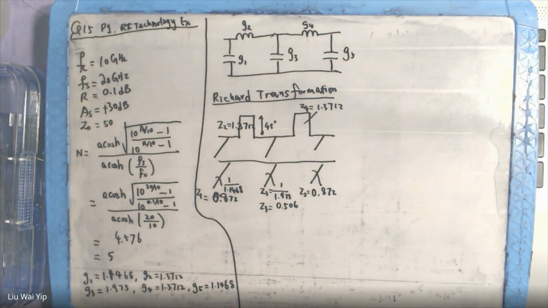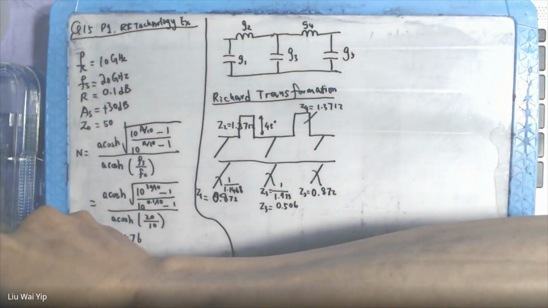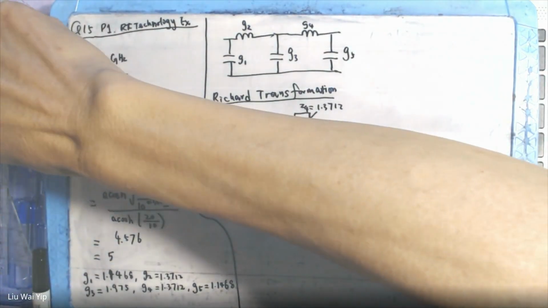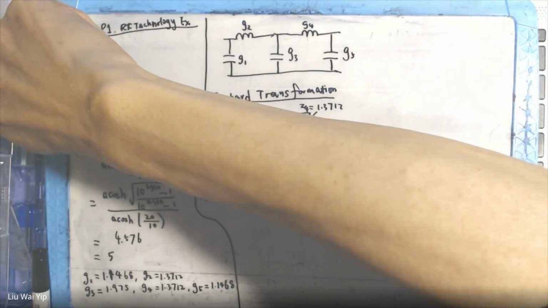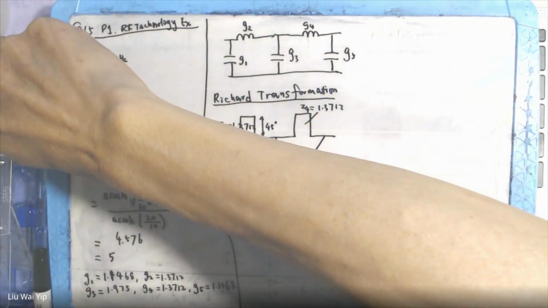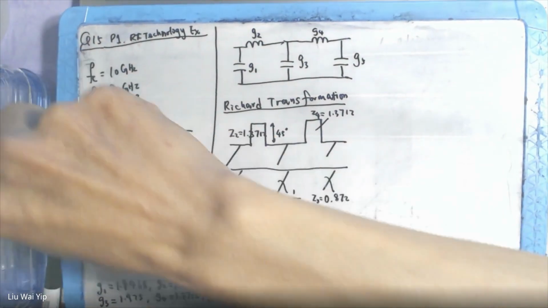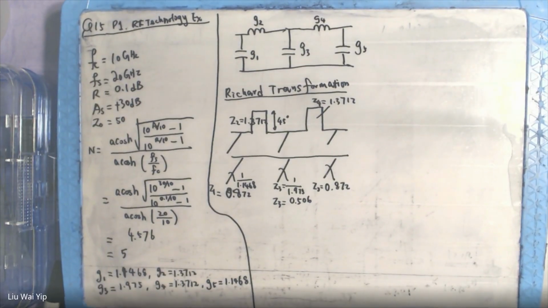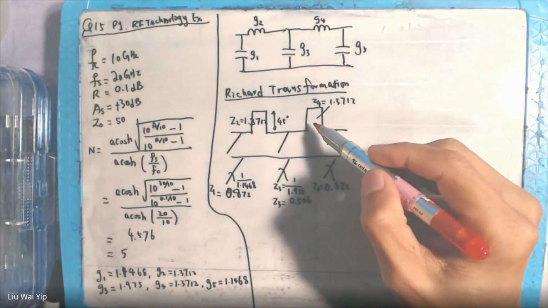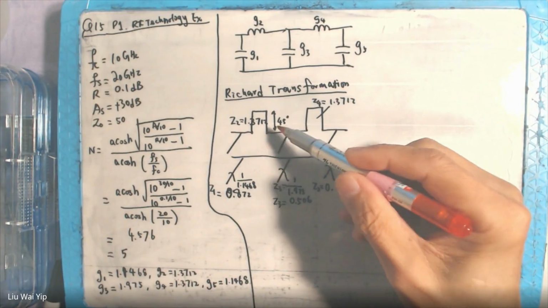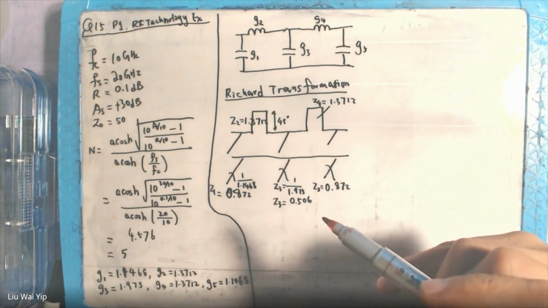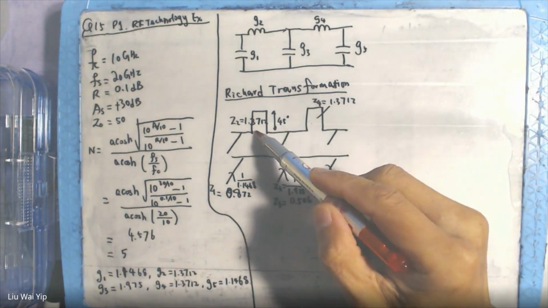Now, there's something challenging here. First, the question dictates that you have to use open circuit stubs, but we have two short circuit stubs. All the inductors will end up with short circuit stubs, and these are the two.